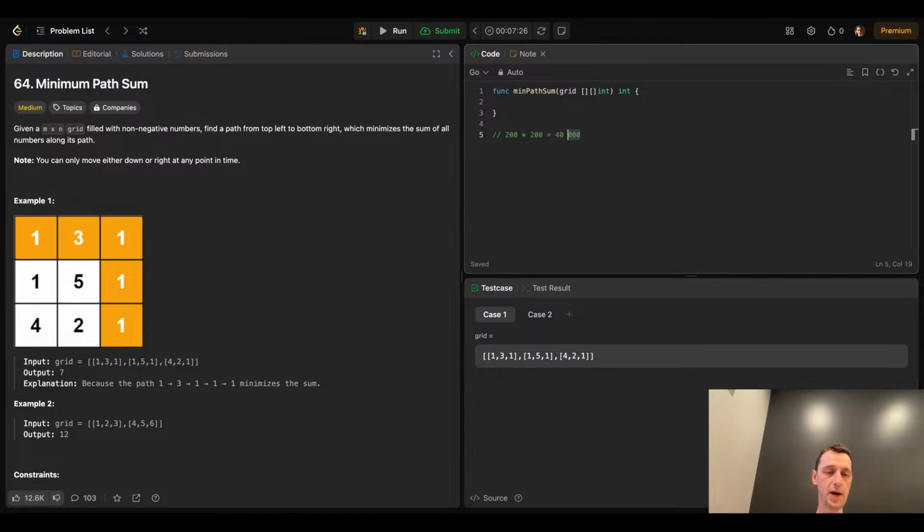Some kind of way to start creating solutions for the smaller, shorter paths, so that when we get to that spot, we don't redo them. But let me explain why I'm thinking about it.